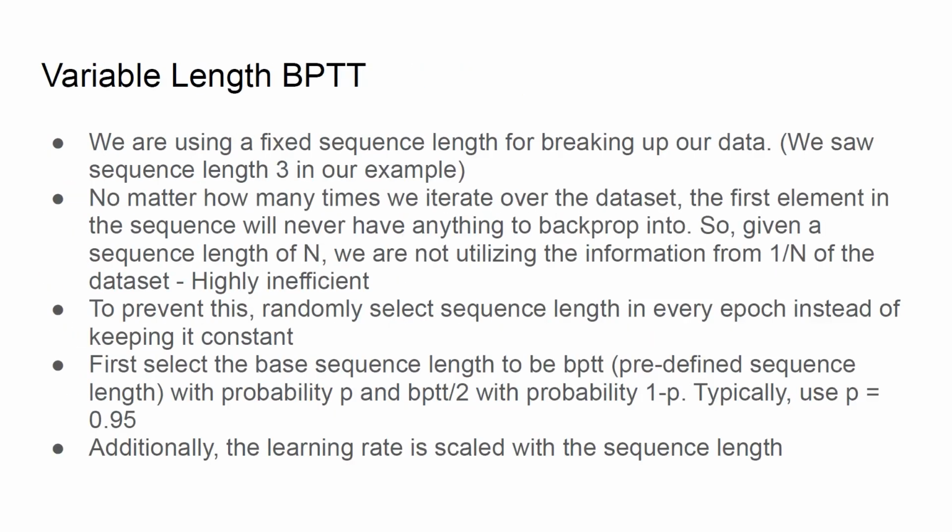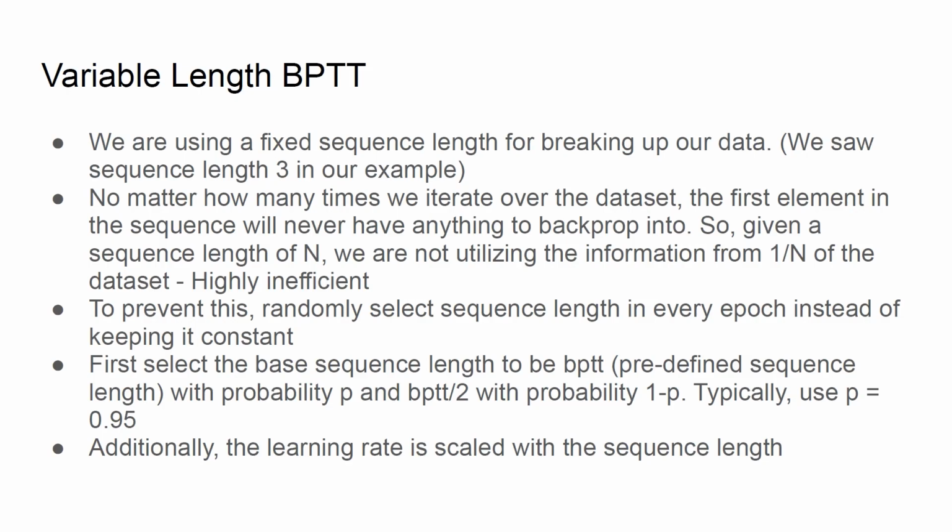Variable length BPTT, where BPTT means backpropagation through time. We are using a fixed sequence length for breaking up our data, and you saw the sequence length of 3 in the example of the write-up. However, no matter how many times we iterate over the dataset, the first element in the sequence will never have anything to backprop into. So, given a sequence length of n, we are not utilizing the information from 1 over n of the dataset, which is, for every sequence, the first word will never get backpropagation.